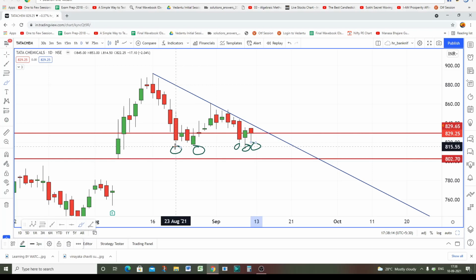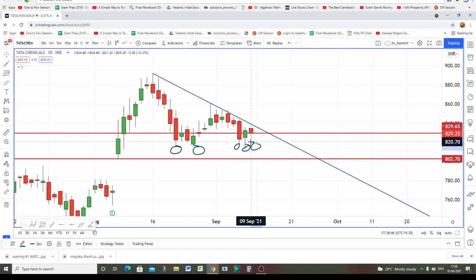Every time it comes to this level of 815 or 814, it returns back to the upside direction. Even in the last session on a daily basis, it nearly reached a low of 820, actually a low of 821, and from this low of 821 it closed at around 829.